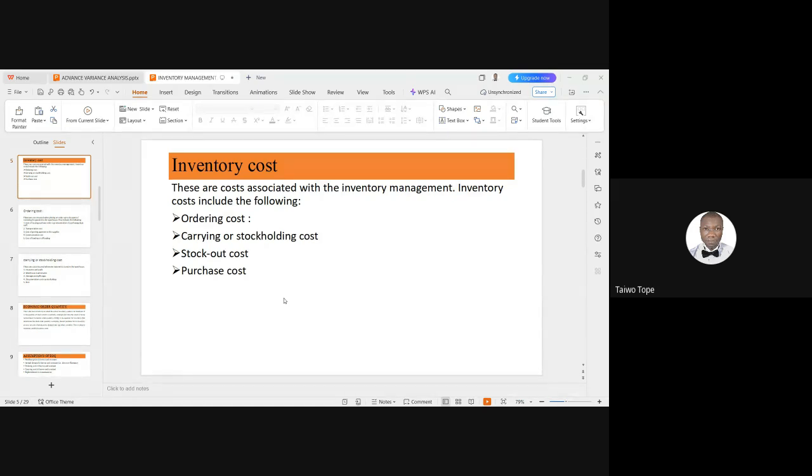And if you are a very good staff and you discover that this organization is not always producing, they are always running out of stock, you might decide to get another organization that is up and doing.